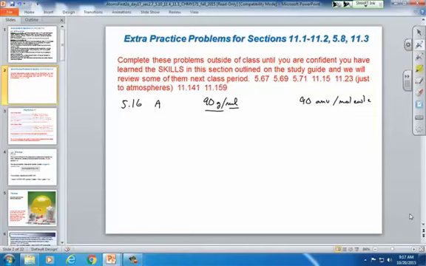So the other information given here is that you have 53.3% carbon by mass. You have 11.2% hydrogen by mass, and you have 35.5% oxygen.